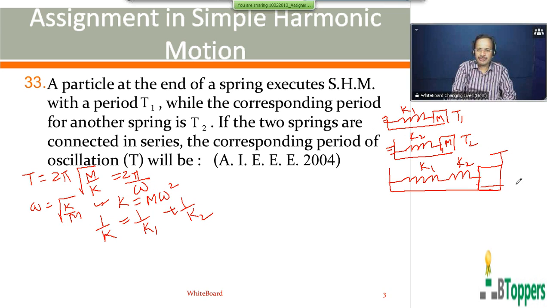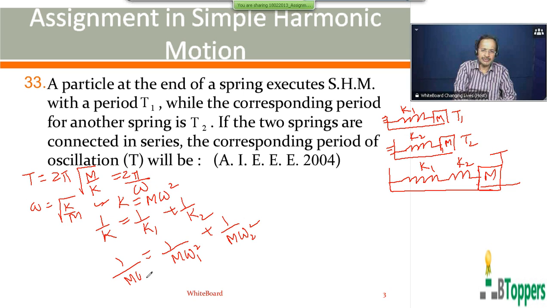The mass m is same in all the cases. So K1 you can write m omega 1 square. K2 you can write m omega 2 square. K can be written as m omega square. Omega 1 is the angular frequency of oscillation in the first case. Omega 2 is the angular frequency of oscillation in the second case.